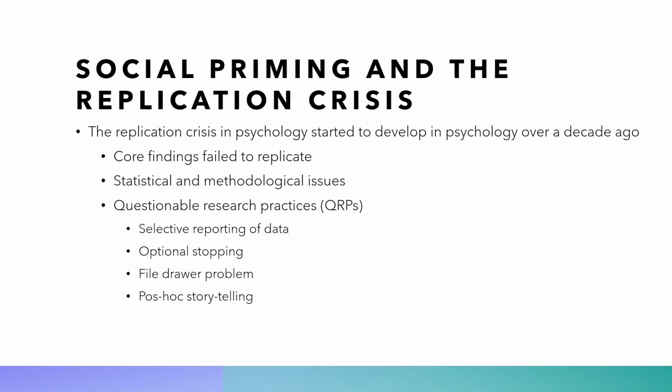One reason this might be happening is due to statistical and methodological issues. Psychology is a relatively young field, and our understanding of what appropriate statistics are and what strong methodology is, as we try to understand abstract human behavior, has changed over the years. So some people studying the replication crisis have suggested that it's due to changes in statistics and methodology that we are failing to replicate.